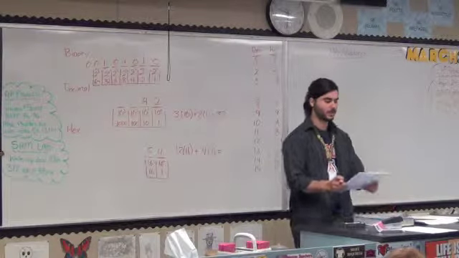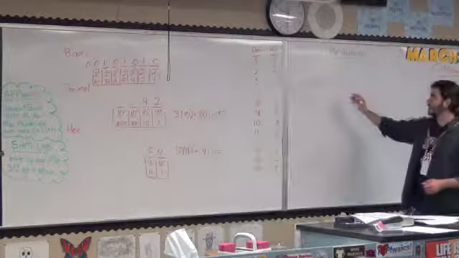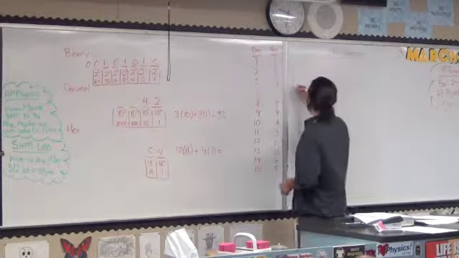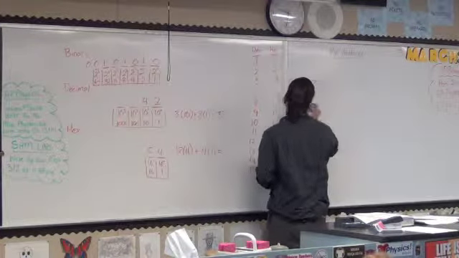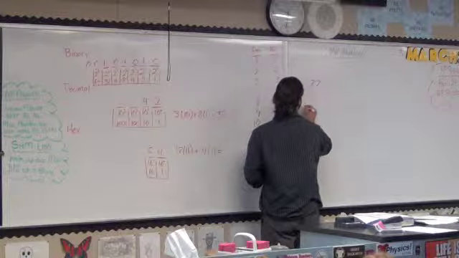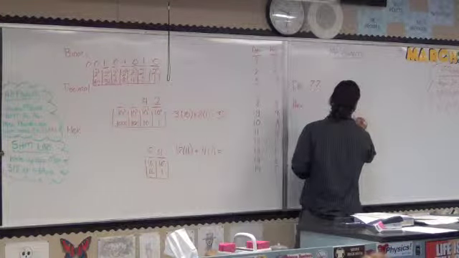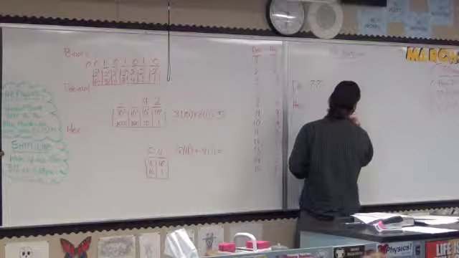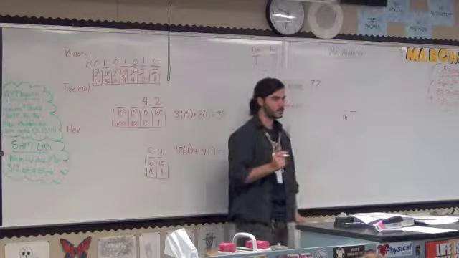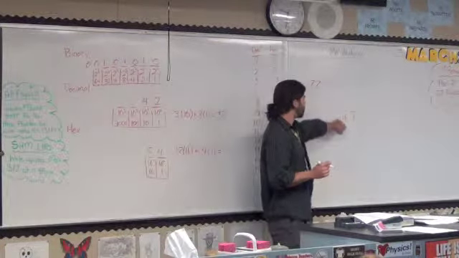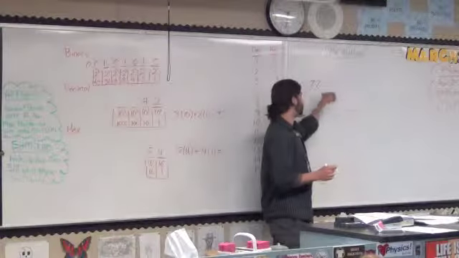I don't think I've done an example of decimal to hexadecimal, so this is 77 in decimal. I want that in hex. So in hex, we've got a ones place and a 16s place. How many times can you put 16 into 77 whole?